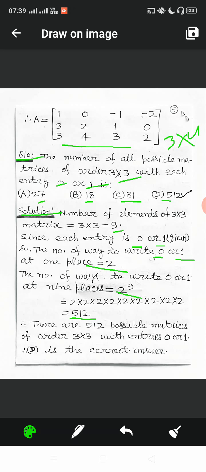So, there are 512 possible matrices of order 3 by 3 with entries 0 or 1. So, the correct option is D, 512. Thank you.